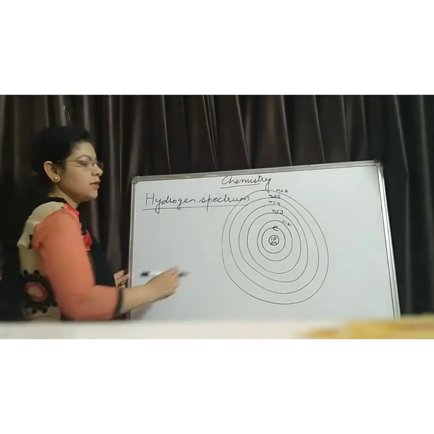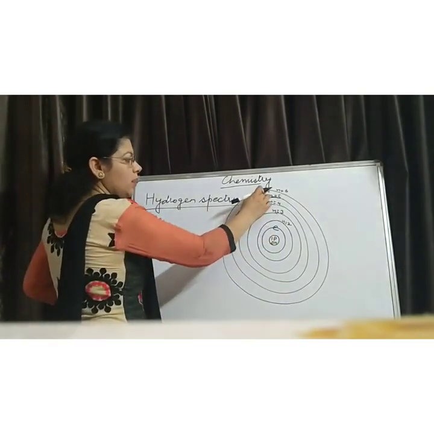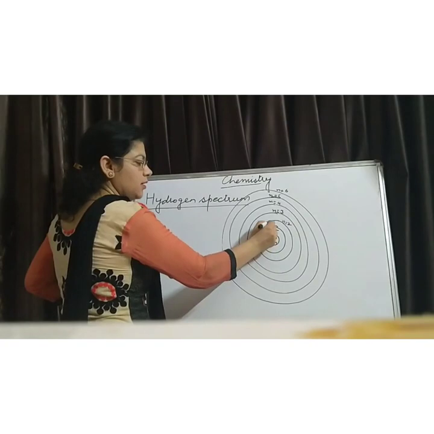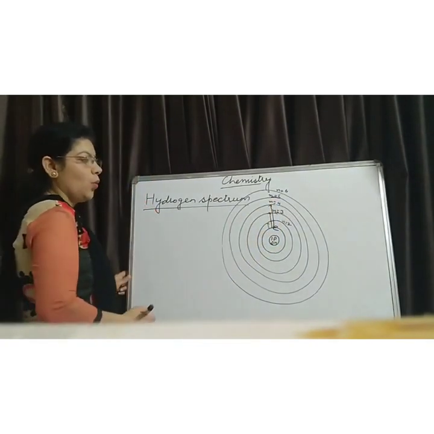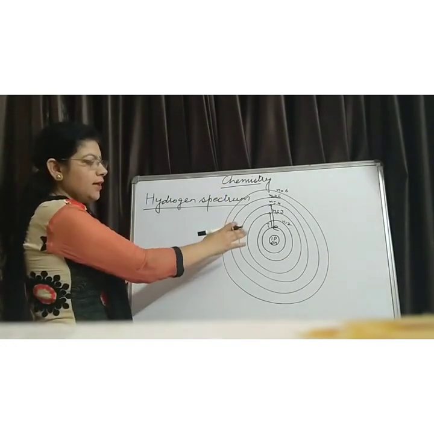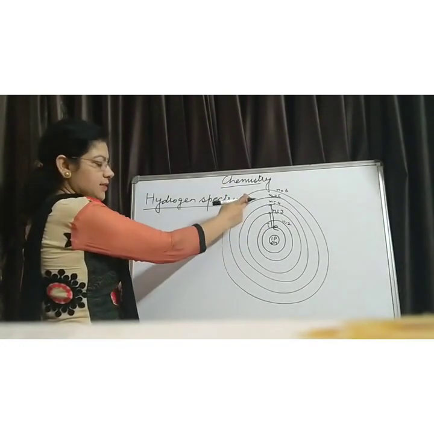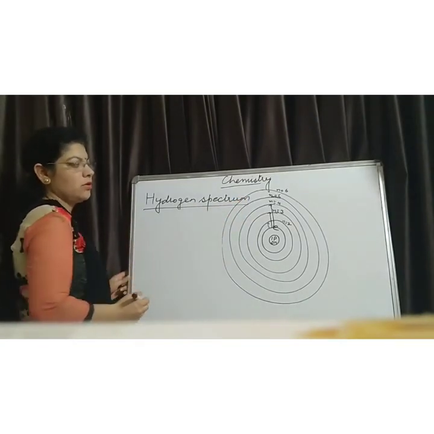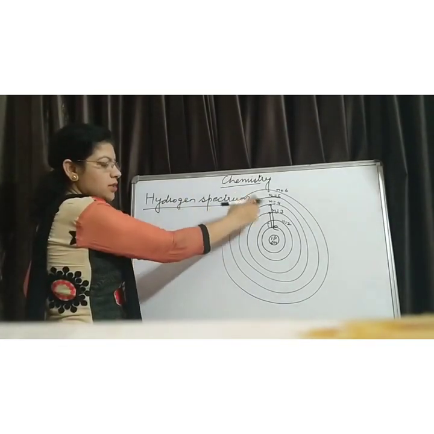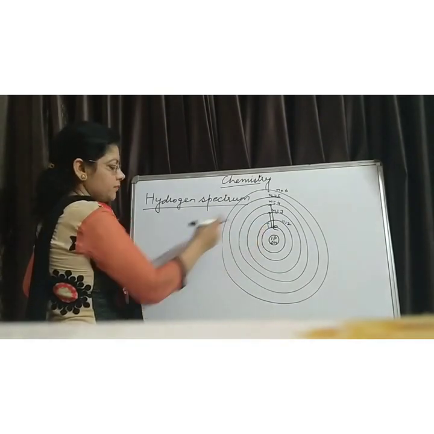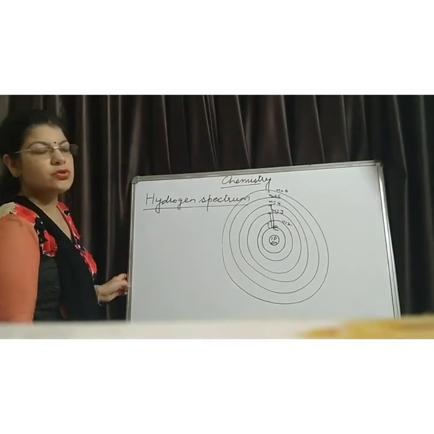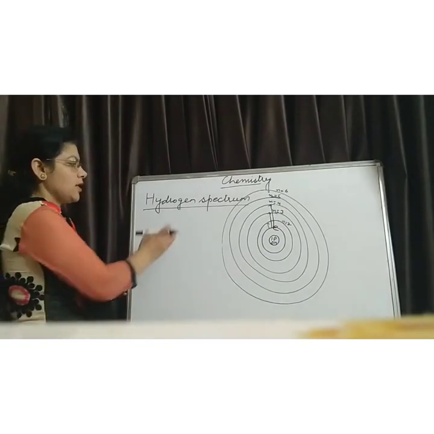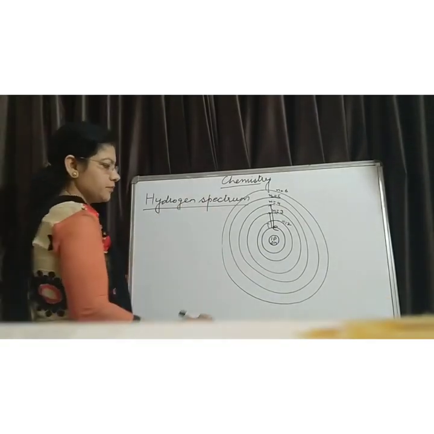Let us consider that this electron will jump either into second or third or fourth. Whenever the excited electron jumps from excited state to ground state, then a spectrum is obtained or a line is observed. That line or that spectrum is known as the hydrogen spectrum.